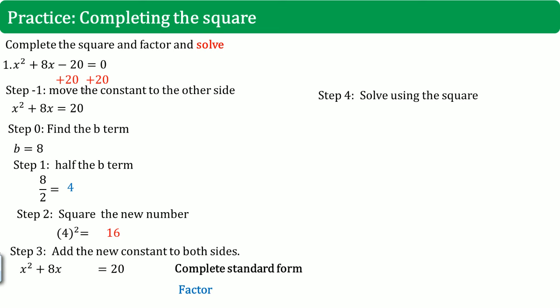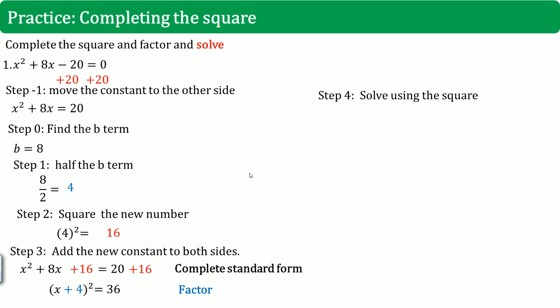You have x squared plus 8x plus 16 now equal to 20 plus 16. That comes from us adding the 16 to both sides. You should look at the color coding. The red 16s that we put to both sides is that new constant. Factoring that gets you x plus 4 squared is equal to 36.